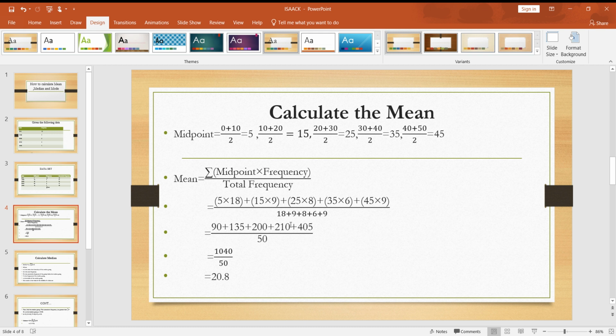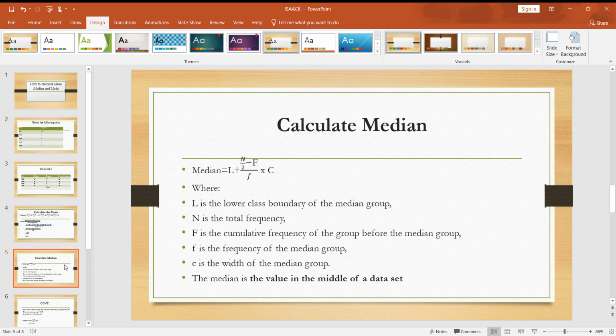Then 45 times 9 you get 405. Then you divide by the number of frequency, that is 50. You get 1040. You divide by 50 and our mean becomes 20.8. That is the mean.